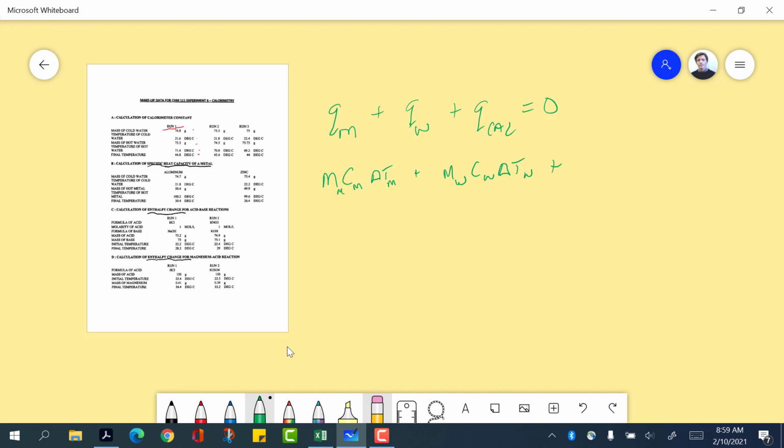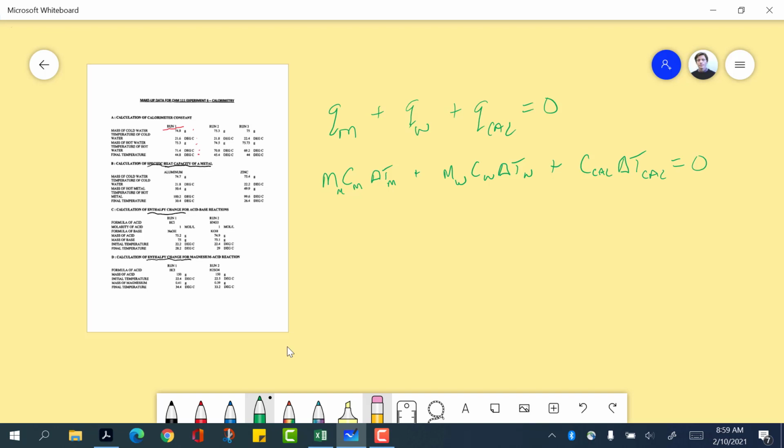And now we have the calorimeter constant. We know we have a good average calorimeter constant, and we need the change in temperature of the calorimeter, which is going to be the same as the change in temperature of the water. All of that will have to sum to 0.